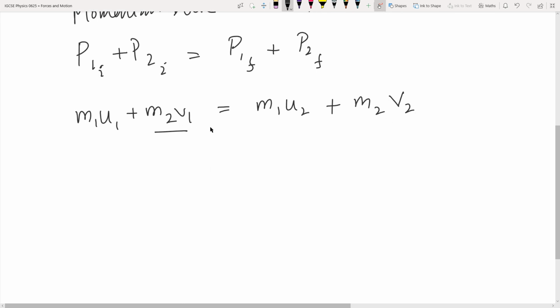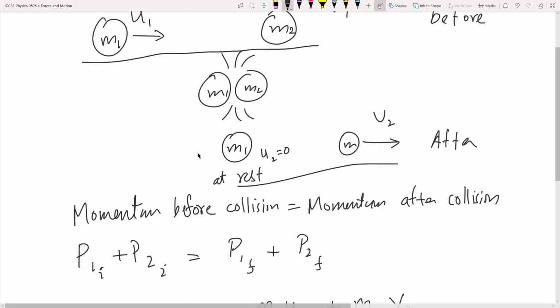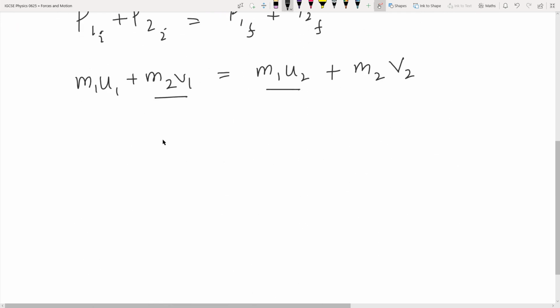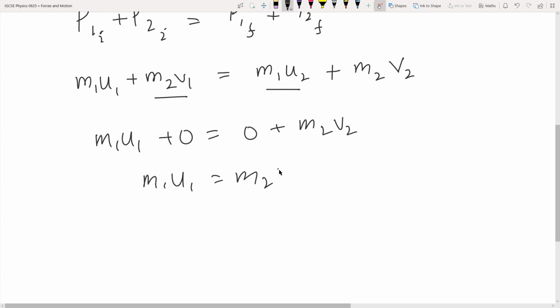We do know that this term and this term are going to be 0, especially for the case of two objects where one of the objects is at rest before collision and after collision. So we will have m1 u1 plus 0 should be equal to 0 plus m2 v2. That means m1 u1 is equal to m2 v2. So that is what we call conservation of momentum.